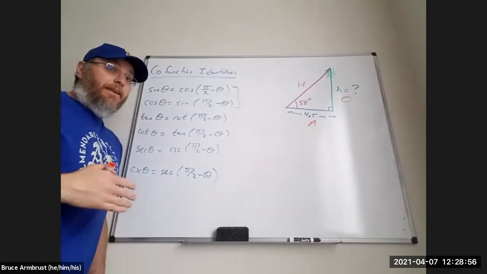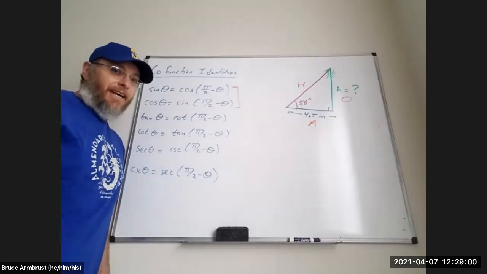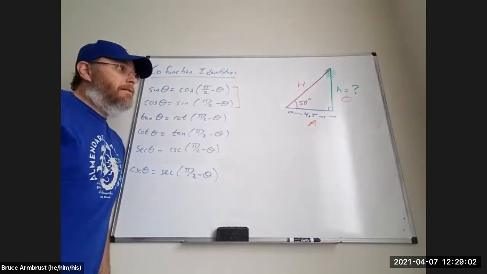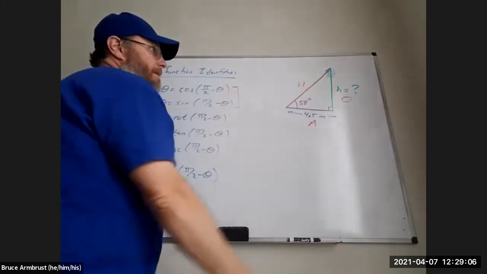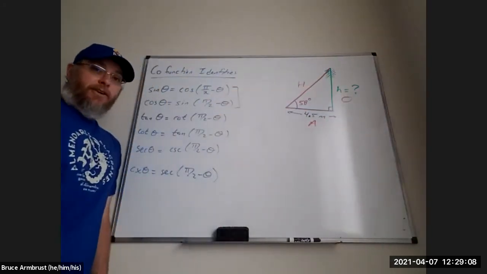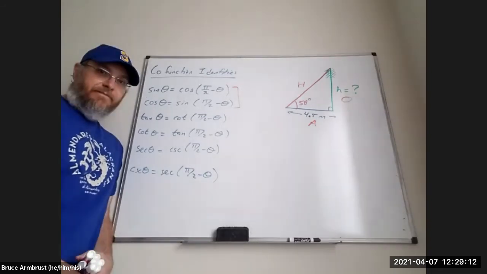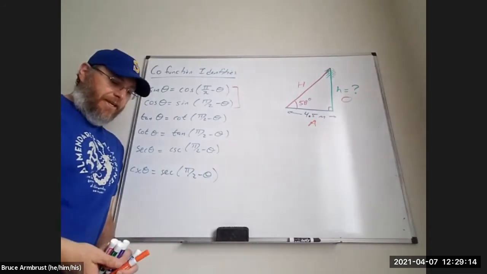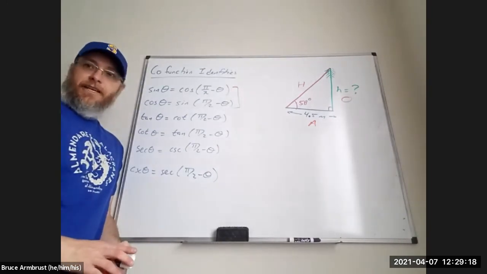So I'm immediately going to pick one of the ones with adjacent. So I'm not going to use sine. Well, the side that I'm curious about is the opposite. So I want a trig function that involves opposite and adjacent. All right, so which of the big three is that? Is it sine, cosine, or tangent?